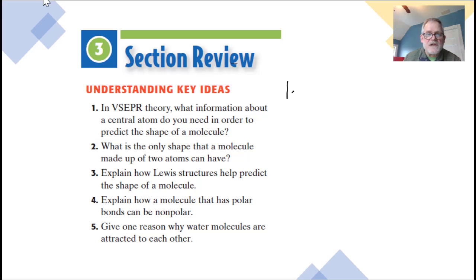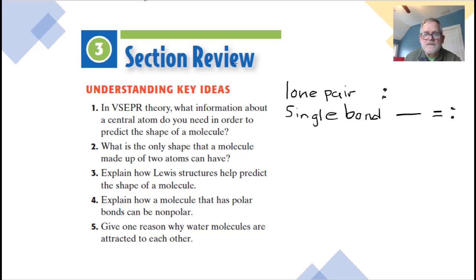They can be a lone pair of electrons, which is just two dots. They can be a single bond, which is a long dash, and that represents two electrons.